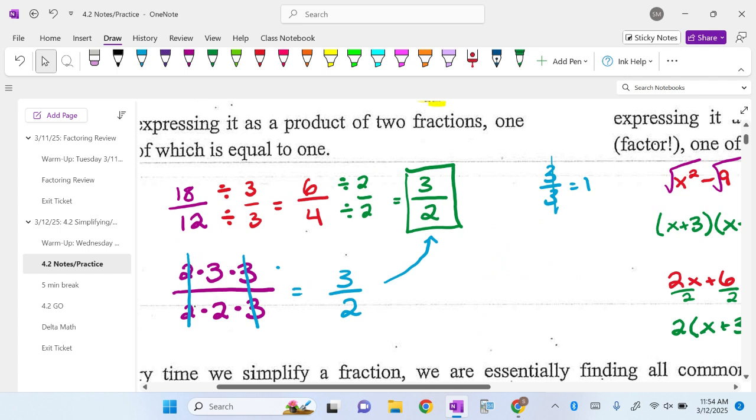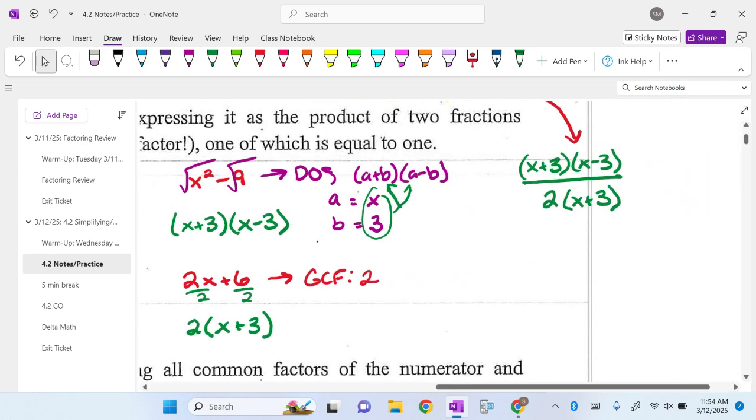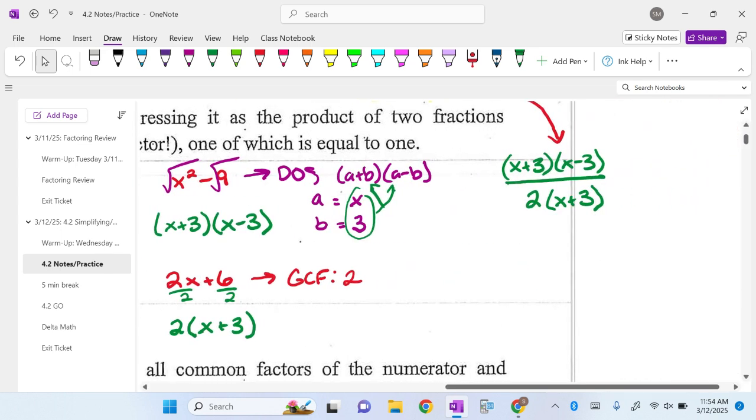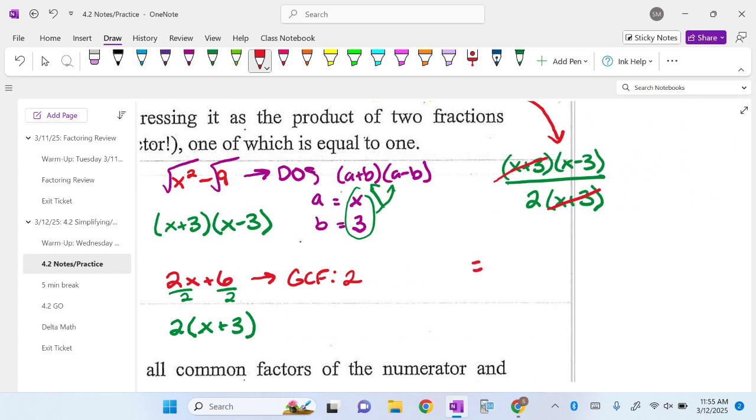So now the simplifying part comes from the same process. We're looking for pairs, one on the top, one in the denominator. So what can I cross out between the numerator and the denominator? The x plus 3's can go bye-bye. There's one in the top, one in the bottom, so I can cross them out. So what am I left with? Right. So your answer for this is x minus 3 over 2.